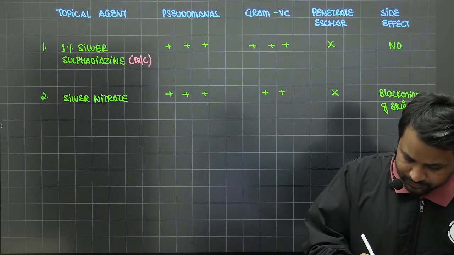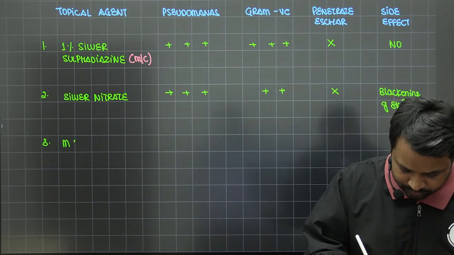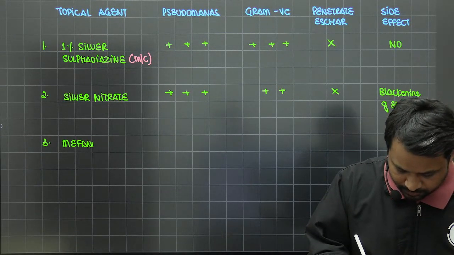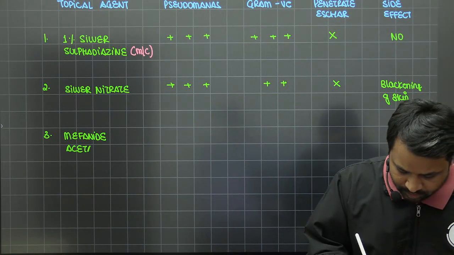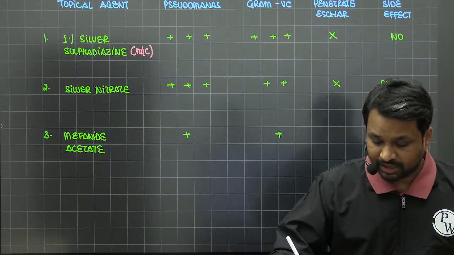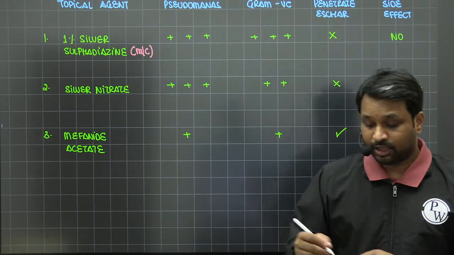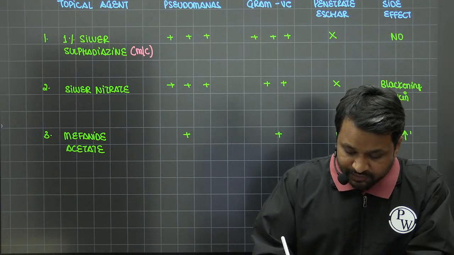Then you have another one which is called mafenide acetate. When you look at mafenide acetate, it has very little action against Pseudomonas and gram-negative bacteria, but it can penetrate eschar. The problem is, while applying mafenide acetate, it causes severe pain.